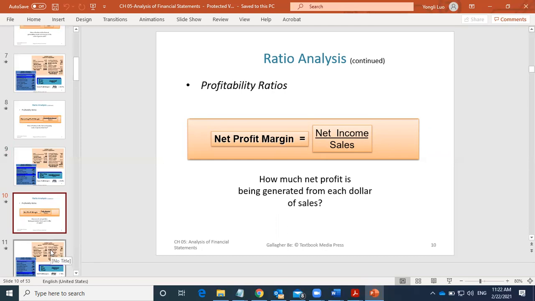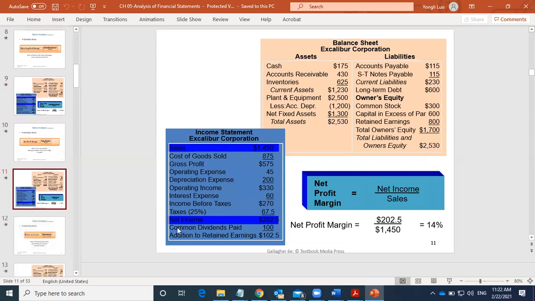The net income is the one after tax, and that is your bottom line. So we call net income in the income statement the bottom line. Sometimes finance or accounting books use the bottom line to mean net income. Okay, the net income is the bottom line, and the sales is the first line. All the revenue, the first line.